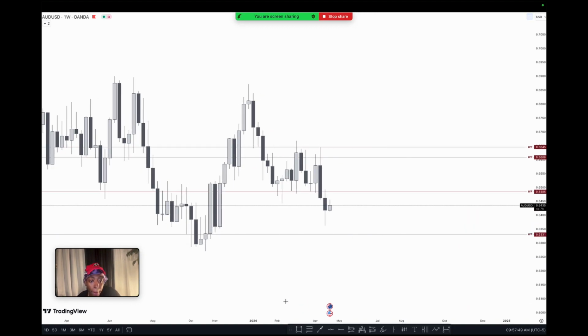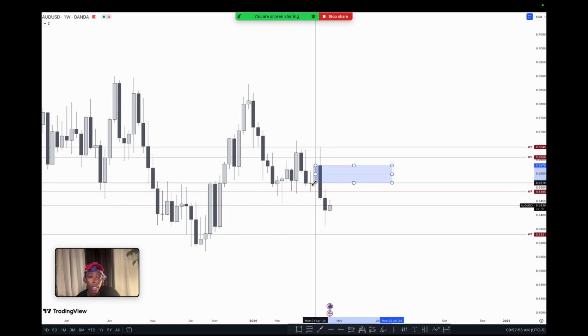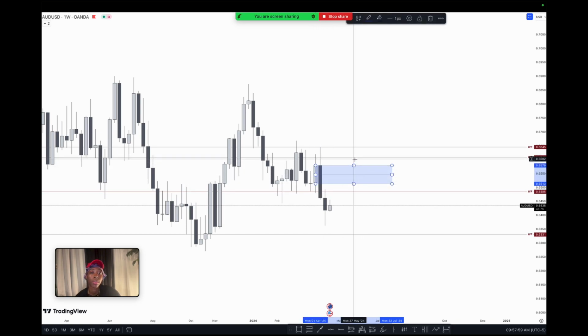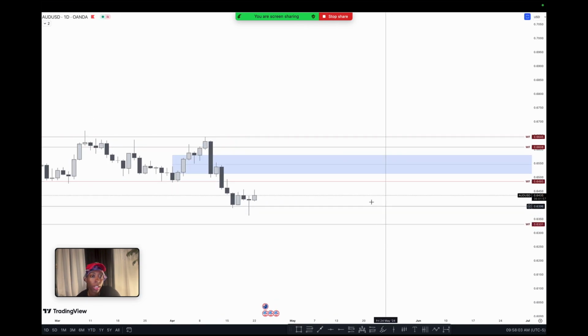Let's go to the daily time frame because I can already see that I'm going to mark this up as my point of interest, like the upside candle before the down move, but that is too big on a weekly time frame. So we're going to go to the daily. Let's see, we have one right here.